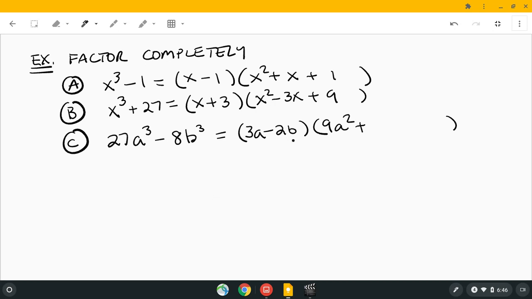And I take their product. 2 times 3 is 6. So I'll get 6ab. It's going to be plus. Now I square this one. So remember, it's square, take their product, square. Okay, so over here, 2b times 2b is 4b squared. Okay?